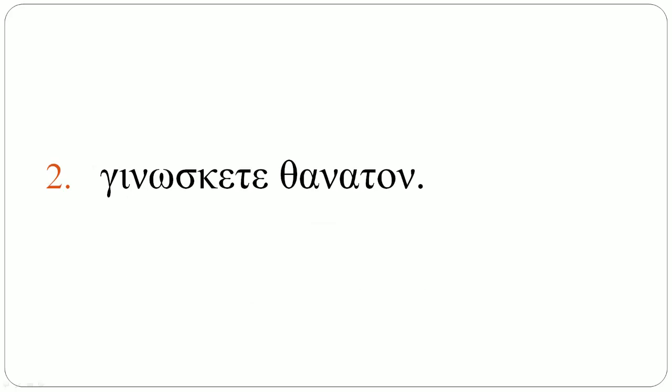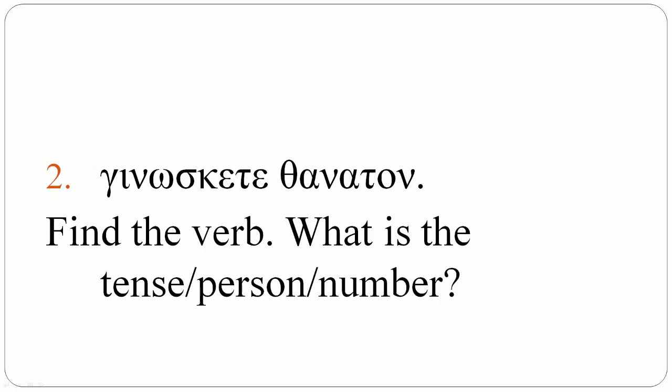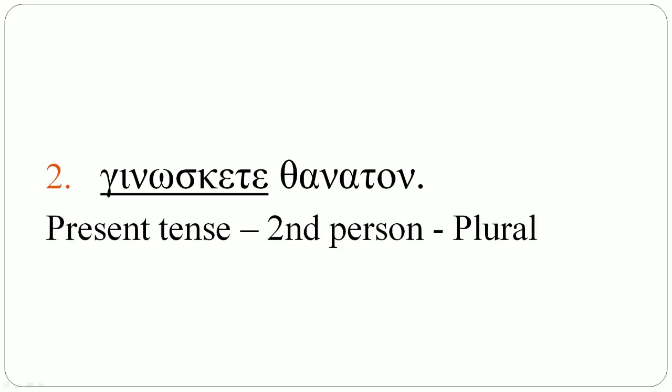The second sentence is number 2 on your assignment list, ginoskete thanaton. Ginoskete thanaton. First step, of course, find the verb. And what is the tense, person, and number of that one? Okay, ginosko is a word that you will learn in this chapter's vocab. Okay, but the ending you already know.